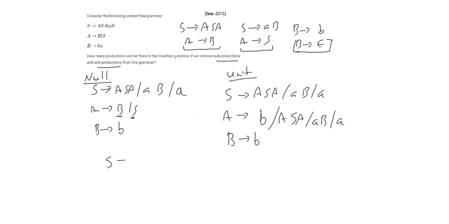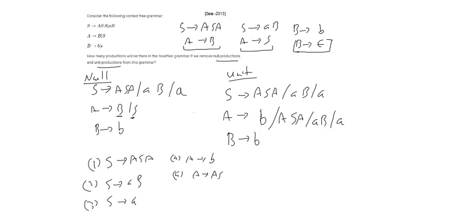We have the production rules. S implies ASA, that is the first one. Second one is S implies AB. Third, we have S implies small letter a. Then fourth production, A implies b. Fifth one, A implies ASA.